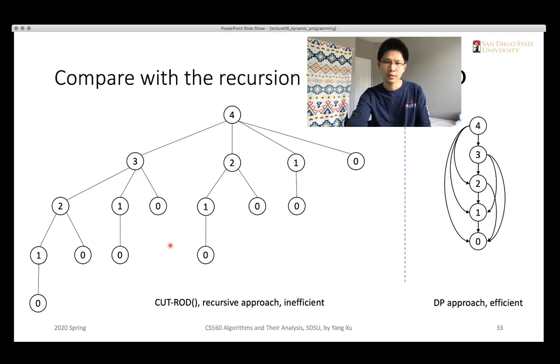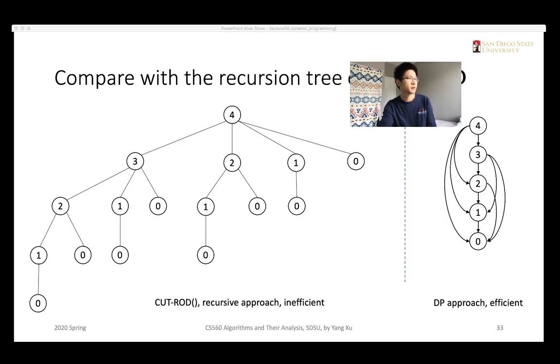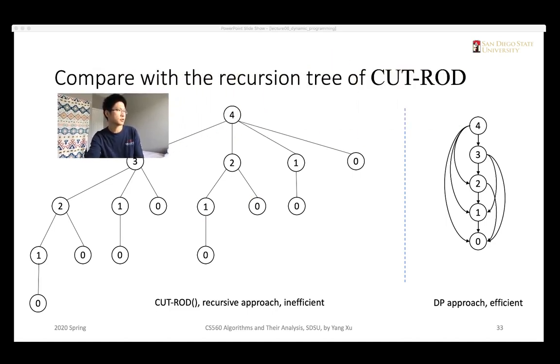So it's more clear if you compare the subproblem graph with the recursion trees. Okay, so on the left it's the recursion tree of the naive cut rod implementation, which is a recursive algorithm, and you can see that it's a very inefficient algorithm, the recursion tree is basically very large, right?